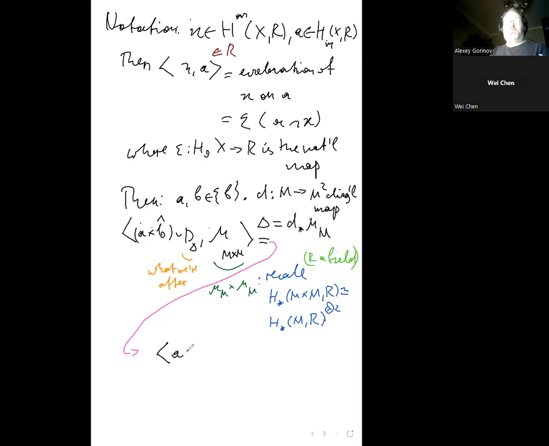A cross B roof, d delta cap mu M cross M. Well, let's figure out the sign.